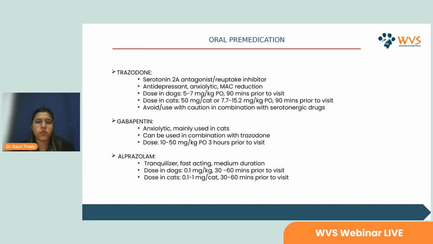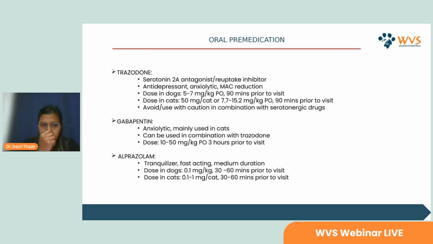Trazodone is a serotonin receptor antagonist and a reuptake inhibitor. It is basically an anxiolytic, and when used prior to general anesthesia, it reduces the MAC of isoflurane by about 17%. So it is quite anxiolytic and almost a sedative also.